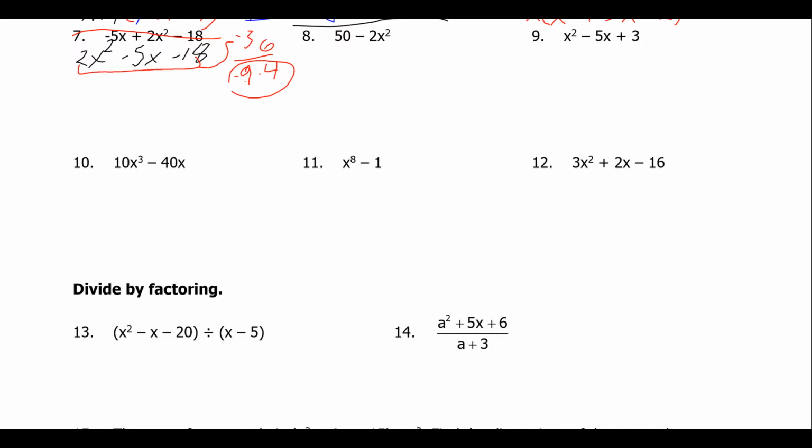Negative 9 times 4 is negative 36. Negative 9 plus 4 is negative 5. So, what I'm going to write out is 2x squared minus 9x plus 4x minus 18.